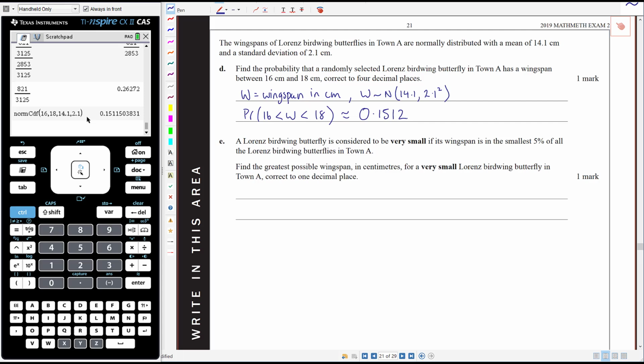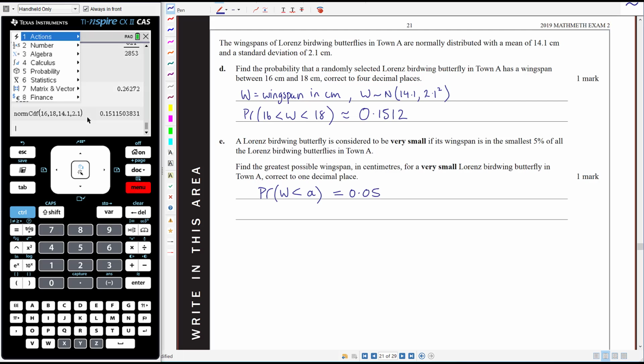A Lorenz birdwing butterfly is considered to be very small if its wingspan is in the smallest 5% of all the Lorenz birdwing butterflies in town A. Find the greatest possible wingspan in centimetres for a very small Lorenz birdwing butterfly in town A, correct to 1 decimal place. Okay, so this would be where the probability of the wingspan being less than a particular value has to be 0.05.